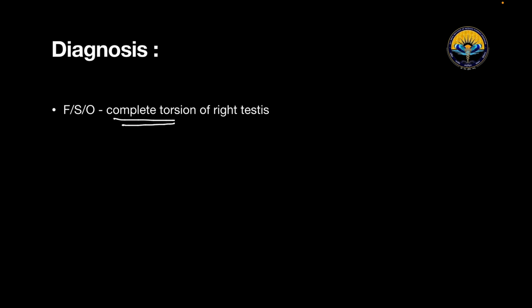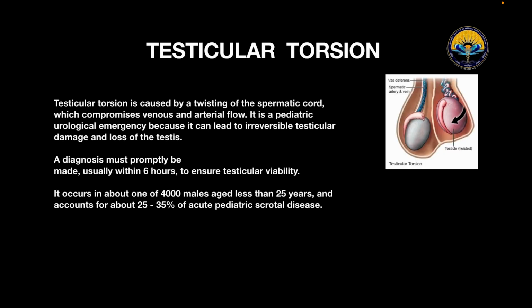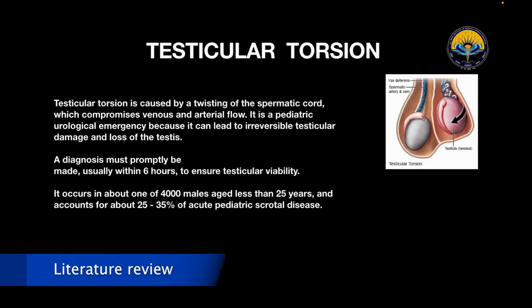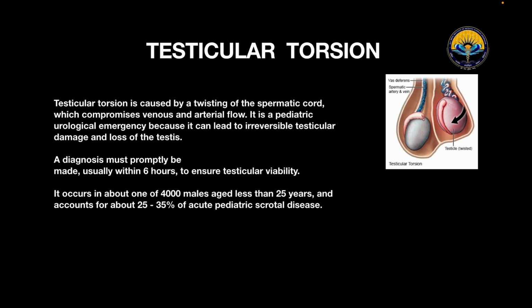Now let's talk about a few important things about testicular torsion. Why are we studying this topic today? Because testicular torsion occurs in about 1 in 4,000 males aged less than 25 years and accounts for about 25 to 35% of acute pediatric scrotal disease. So it is important to know about this condition.